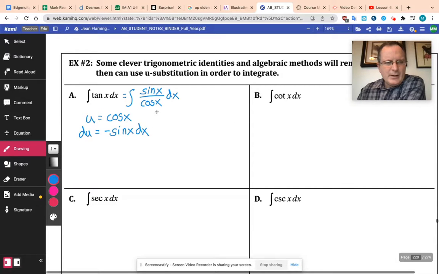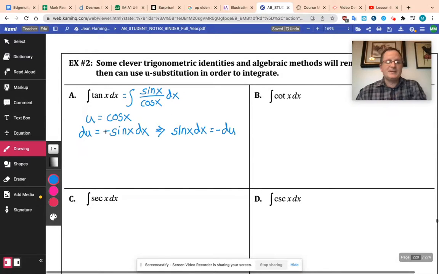I could make a little change here, and say that sine x dx would equal negative du.